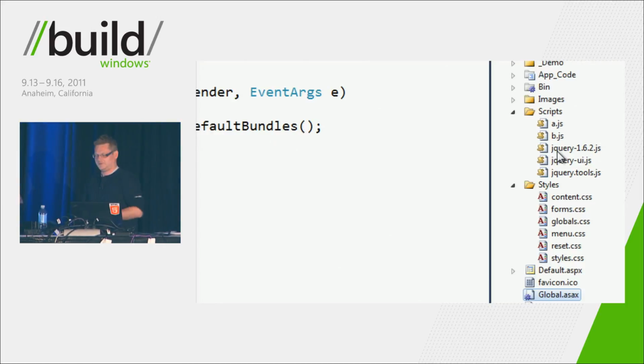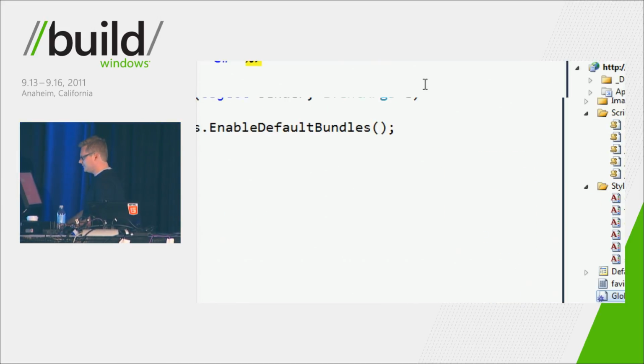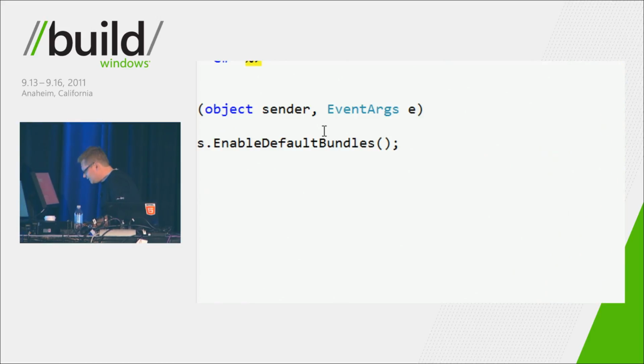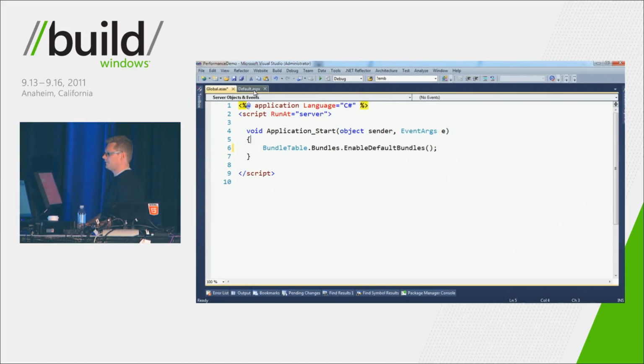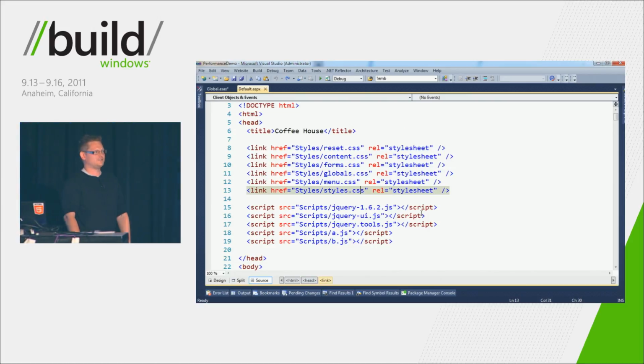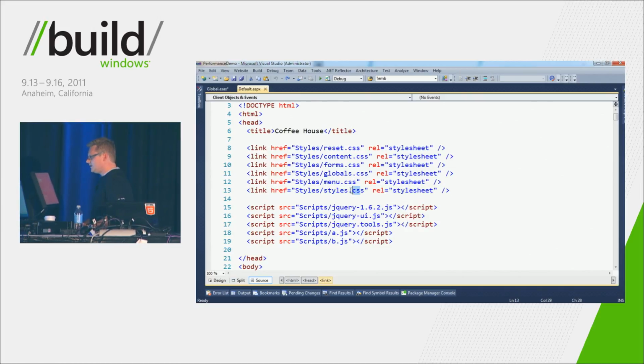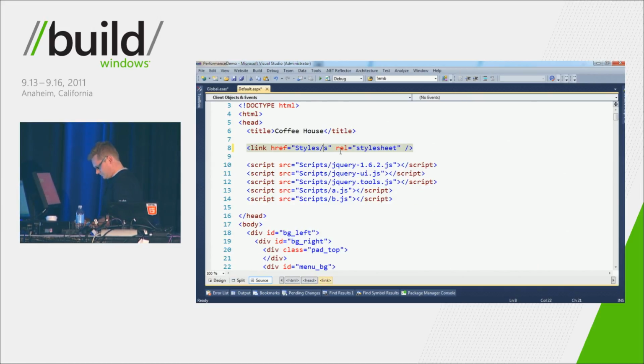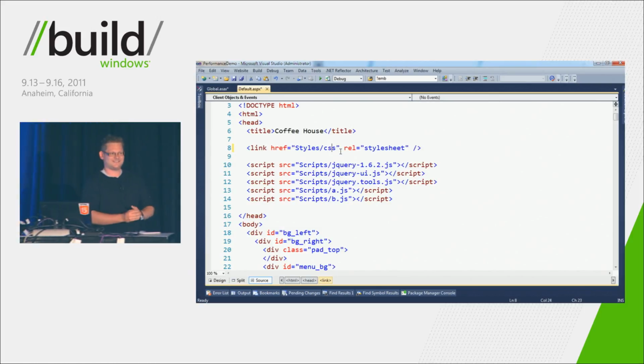And let's see how it works. So instead of doing all my references like I do here to the individual files, I can do this. There we go. Styles CSS.